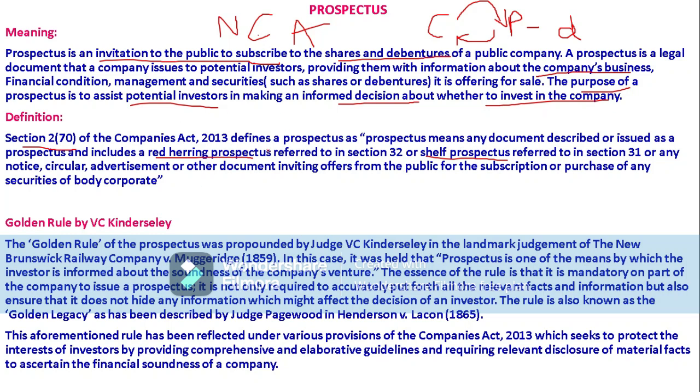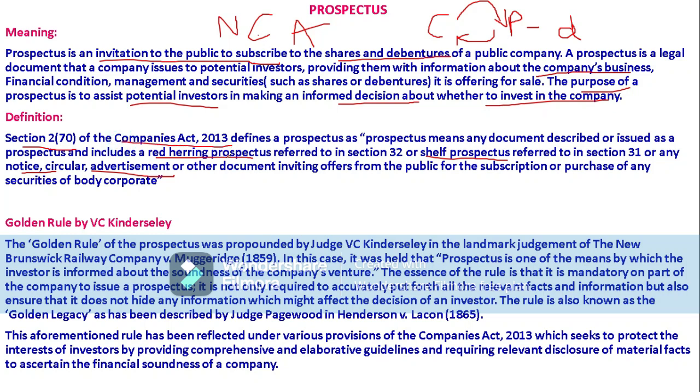Okay, so these are also included in this, and as I said before, a notice, circular, advertisement, or other document inviting the public for subscription or purchase of any securities of the company. So this is the definition given by the Companies Act 2013.